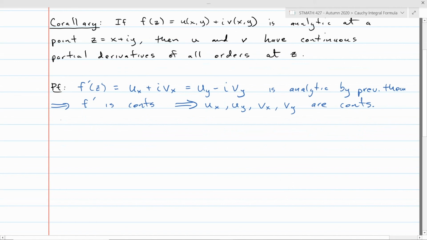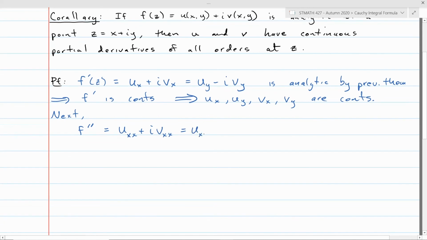How about the second order ones? Next, we know f double prime is analytic, and so we can compute its derivative by taking the partial with respect to x or y. So basically, you could start from what f prime is and do partials with respect to x. So like uxx plus i vxx. Or if you did it with respect to y, it'd be uxy minus i vxy. Or you could start with the ones like uyx minus i vyx.